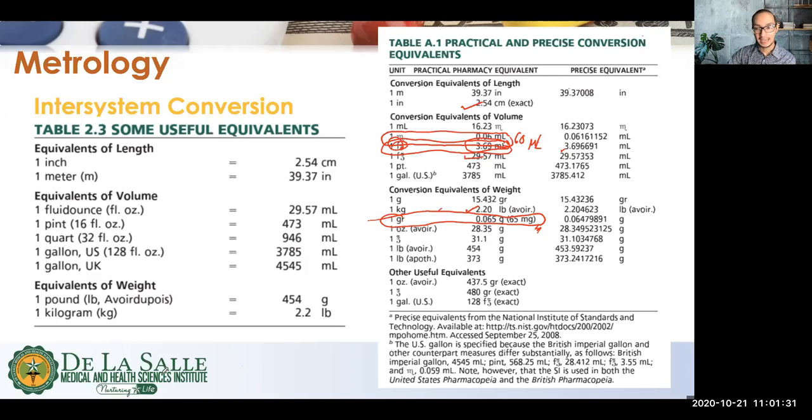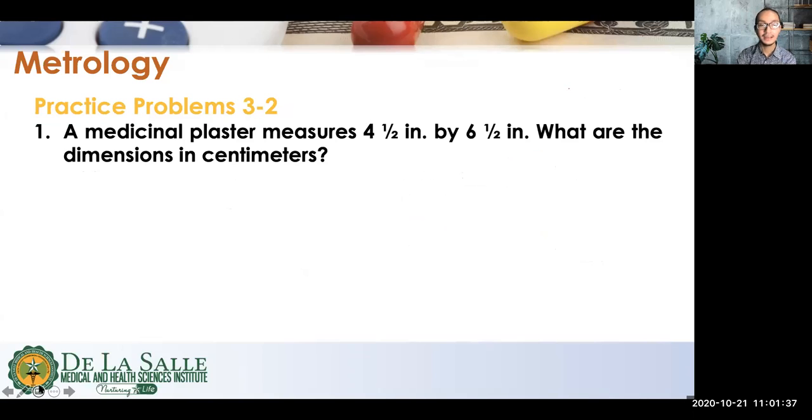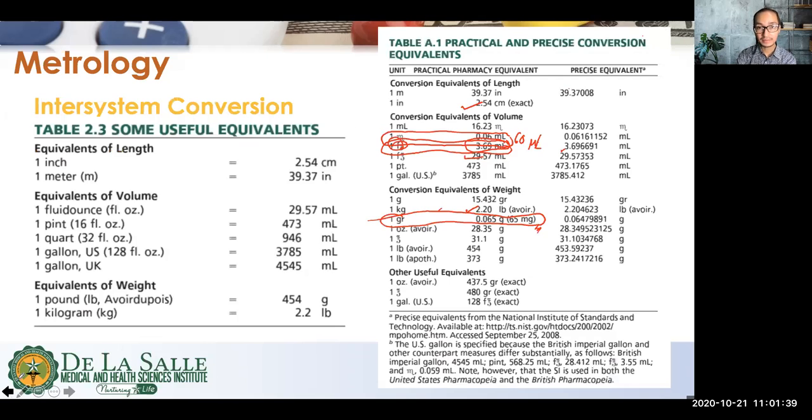I know that it is already time, and so we will be having some of the exercises, which are applications of conversion between systems of measurement, next time. Because of that, I'll move your quiz.